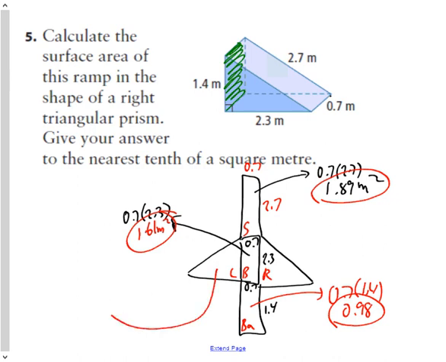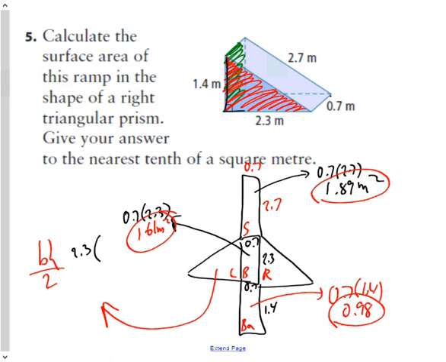The only one we have to calculate last is our triangle base, which I will shade nicely in red here. So this triangle face, there are 2 identical versions of it, one on that side, one on the other. And the formula for the area of a triangle is base times height divided by 2. The base in that red triangle is 2.3.